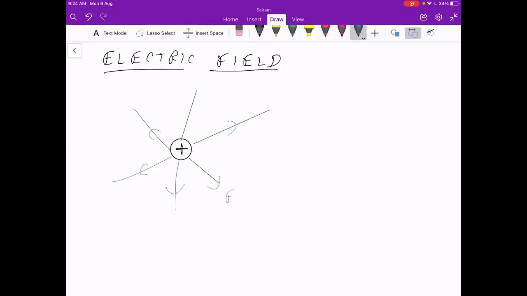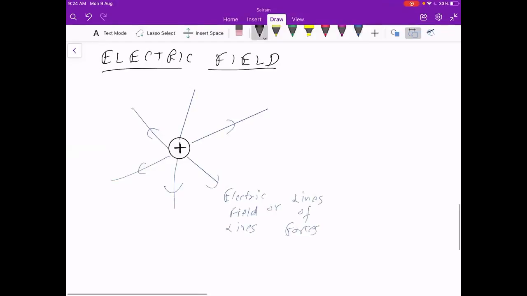So these are electric field lines or lines of forces. For a negative charge, however, the field lines go in instead of going out.